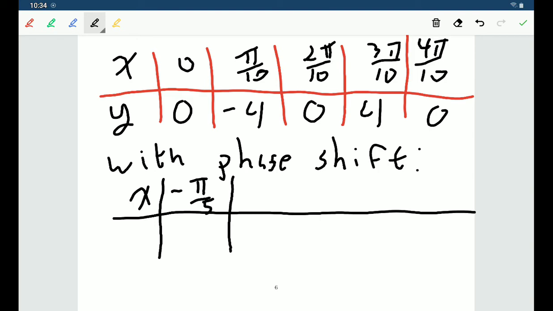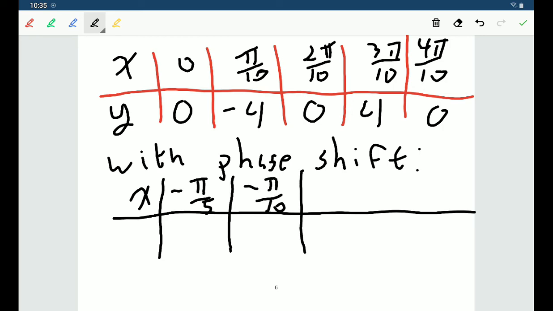If you're having trouble thinking of how to do the calculations for this, you can sort of ignore the pi for now. So for example, if I'm thinking about pi over 10 minus pi over 5, I could think about that as 1/10 minus 1/5. And 1/10 minus 1/5 is negative a tenth. So I should have negative pi over 10.